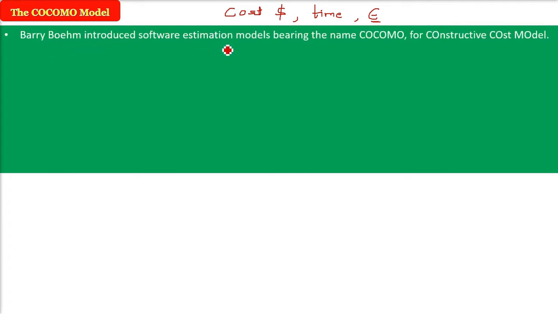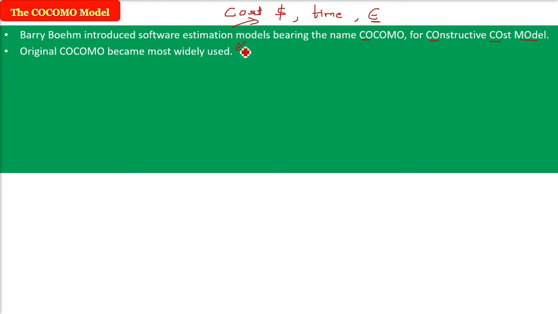So Barry Boehm introduced software estimation models bearing the name COCOMO. COCOMO comes from constructive cost model. The first CO comes from constructive, the second CO from cost, and MO from model.